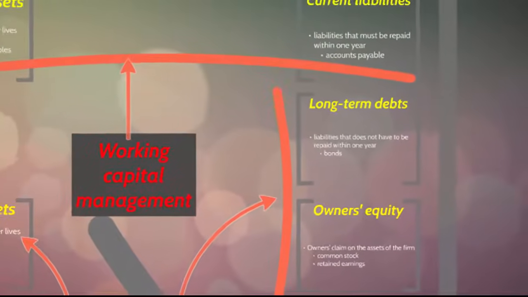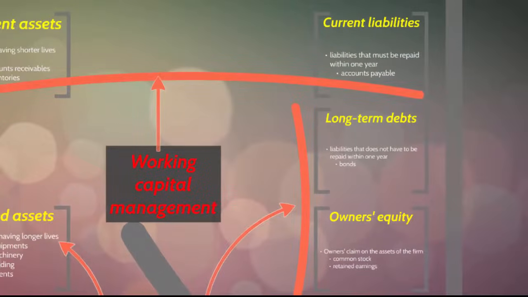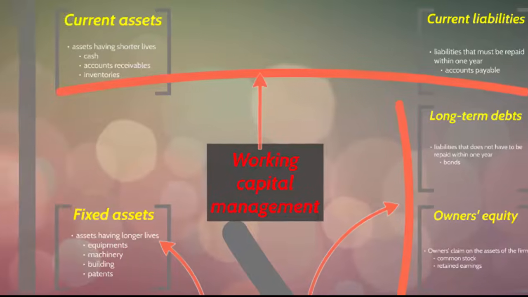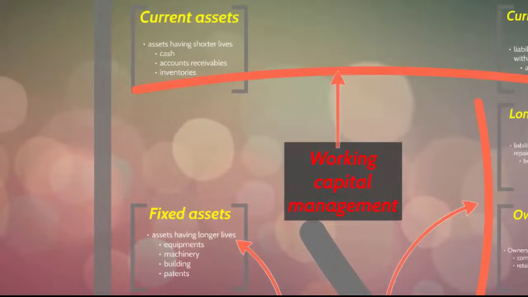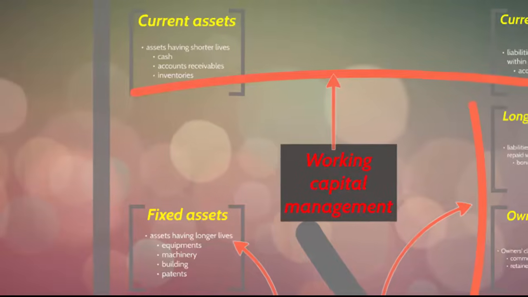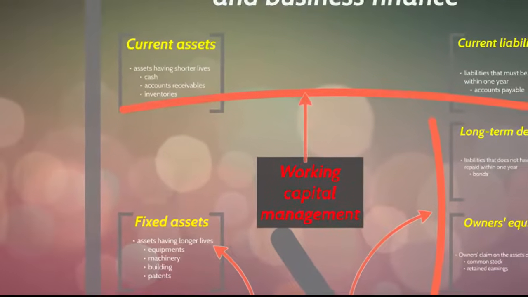Okay, so we can say that the right-hand side of the balance sheet actually indicates the sources of money the business organization has, and the left-hand side of the balance sheet contains the assets, which are essentially the uses of money. Because how do you use the money? Normally you buy different types of assets, so these types of assets are contained in the left-hand side.